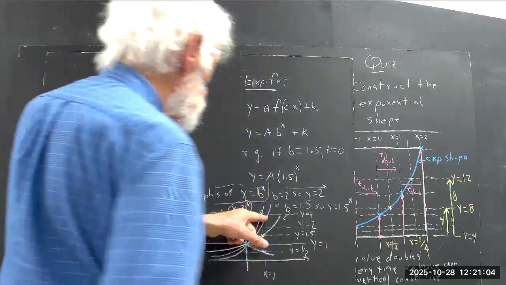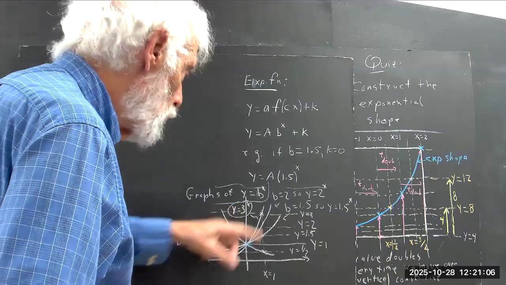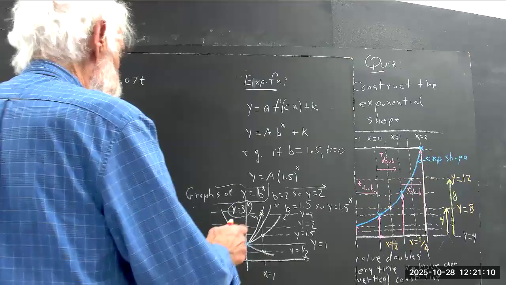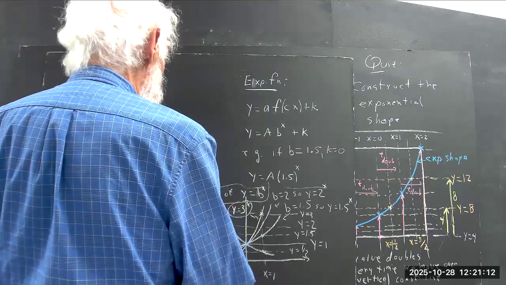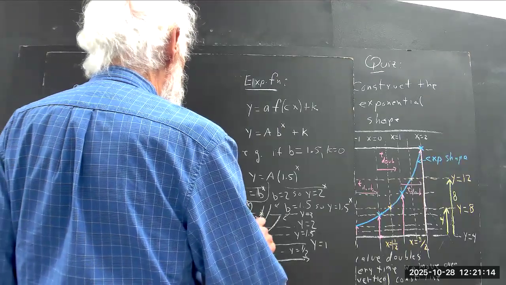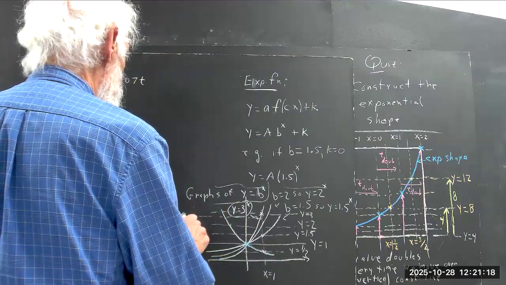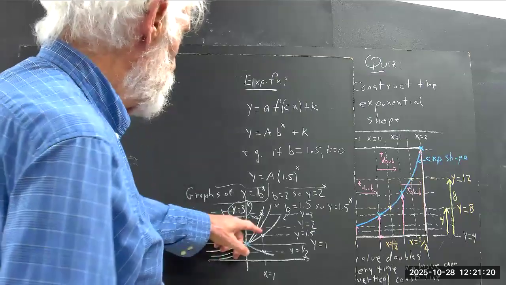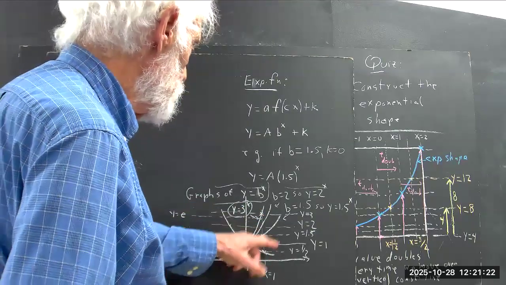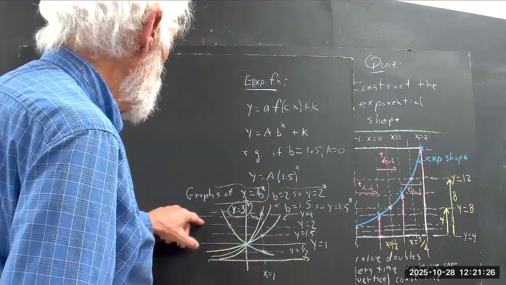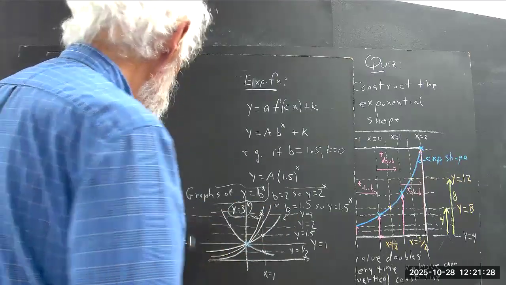So here I've got y equals 2 to the x. Here I've got y equals 3 to the x. e is a number that's a good bit closer to 3 than it is to 2. Here's our y equals 2 line, y equals 3 line. Here's the y equals e line.